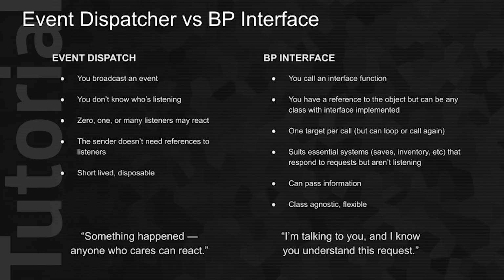So I want to look at another form of communication here, and this is how we're going to look at making the player move. You can remember at the beginning we had two buttons. One made the sun move and one made the player move. And we want to use an interface to make the player move, because our box menu blueprint is going to request the player controller to perform an action.